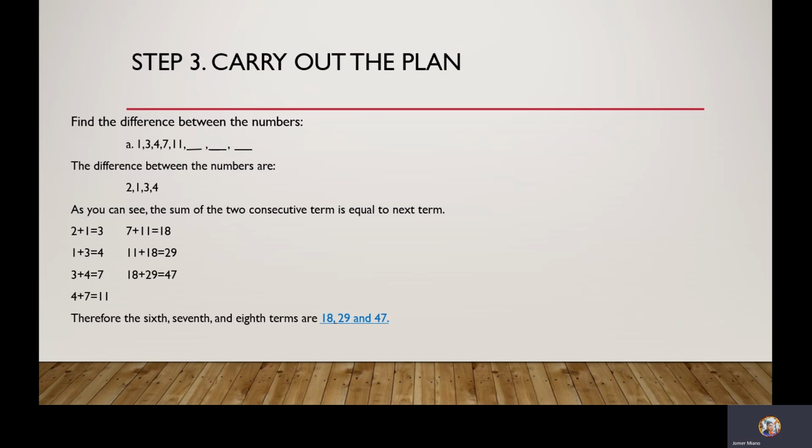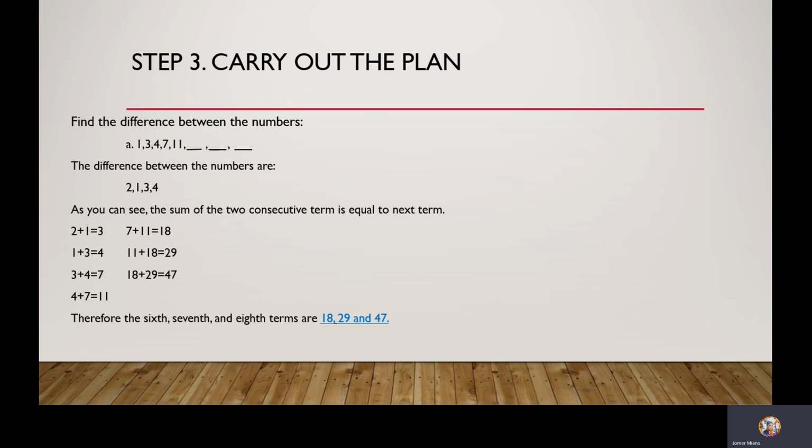As you can see, the sum of two consecutive terms is equal to the next term. So, meron na tayong pattern kaya madali na lang natin siyang isolve. At alam ko namang kaya nyo nang kunin agad yung sagot dito kahit wala pang solution. Pero kahit ganon, bigyan pa rin natin ng solution.